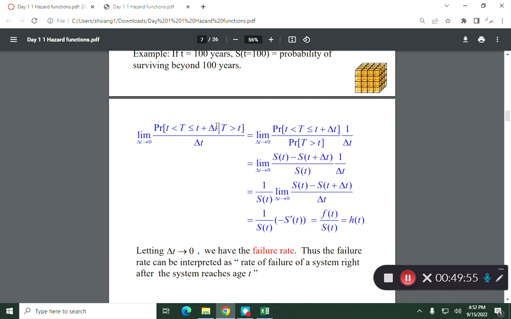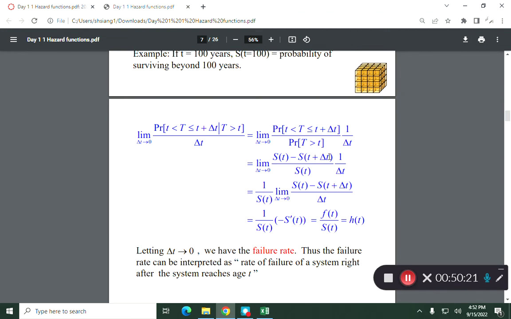Because if t is not greater than t, then the top should be nada, 0. And then if you talk about this, you basically said that, okay, now I'm talking about survive t, and given I survive t, what's the difference between survive t and survive t plus delta t?